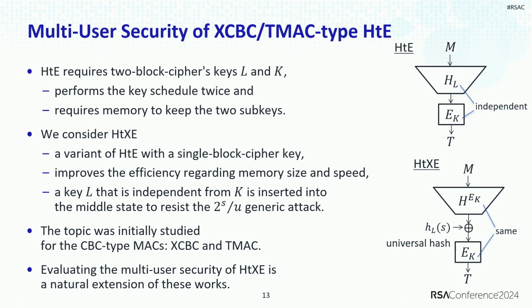HT requires two block cipher keys, capital A and capital K, which should be independent. So HT performs the key schedule twice and requires memory to keep two subkeys. So we consider a variant of HT, HTXE, which uses only a single block cipher key.